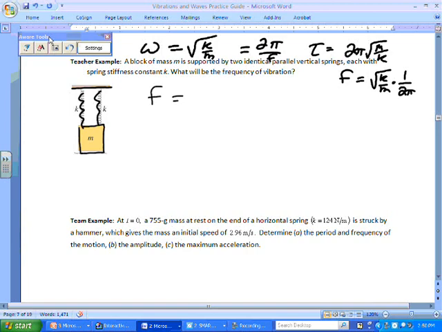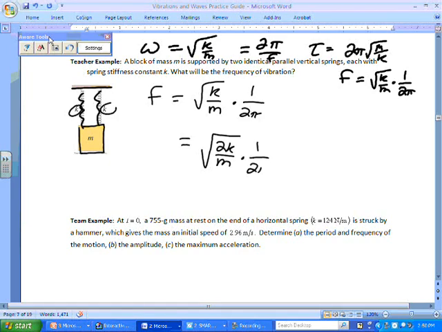So you're going to have a frequency of square root of k over m divided by 2 pi. The only difference here is that you have two different springs, each of them with the value k, so you're going to substitute 2k. So 2k over m divided by 2 pi, and that's your expression for frequency.